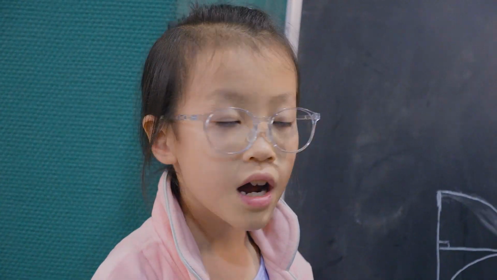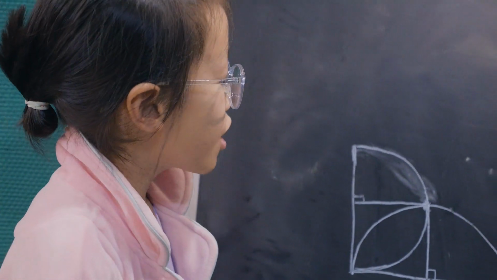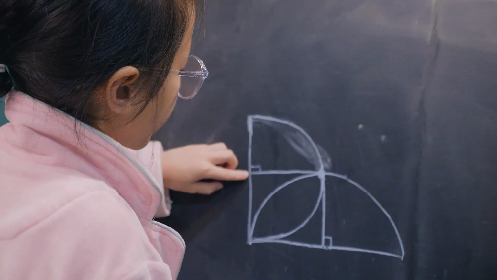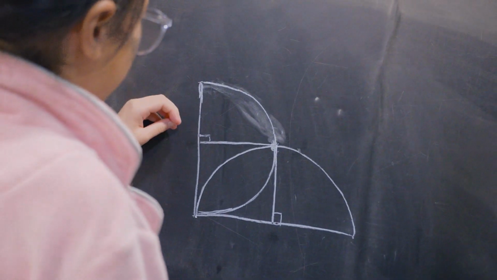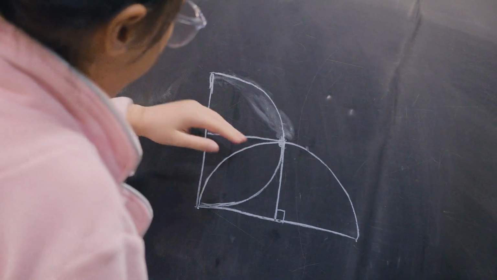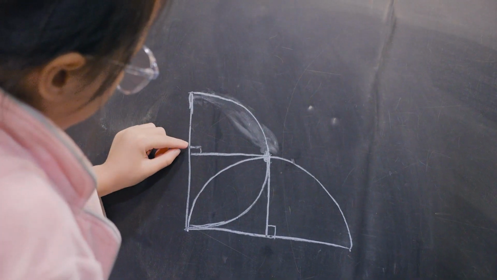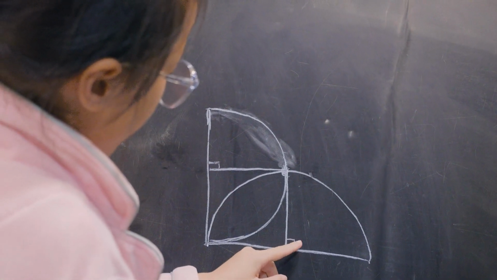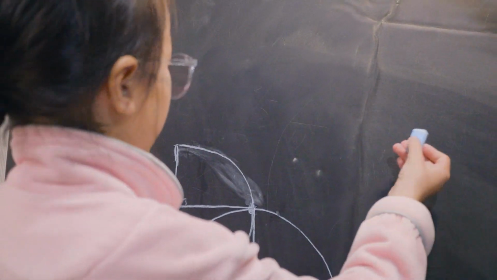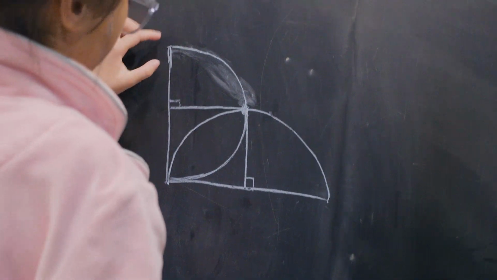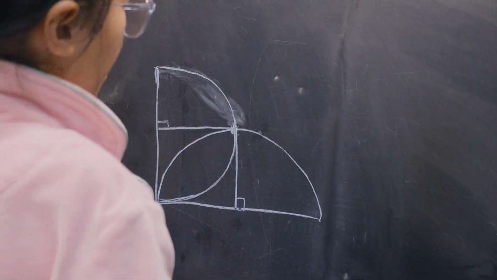Okay. Right here we need to add some proof. So we need to prove these two points are the centers of the circles, and this angle is 90 degrees, and this angle is 90 degrees, and we need to prove that. Okay, and this is the intersection of these two semicircles.